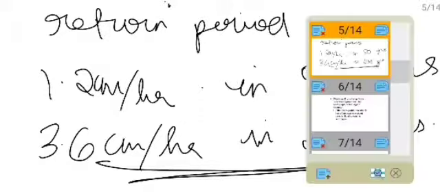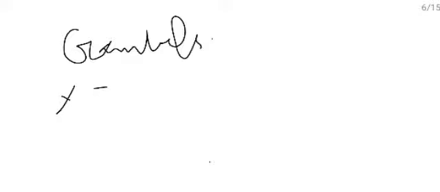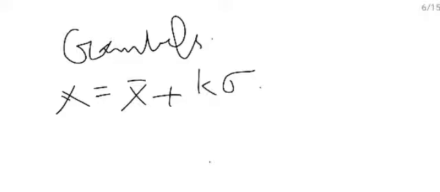Now another method is Gumbel's method. In Gumbel's method, this particular intensity is the mean of the past history of values plus k times the standard deviation.